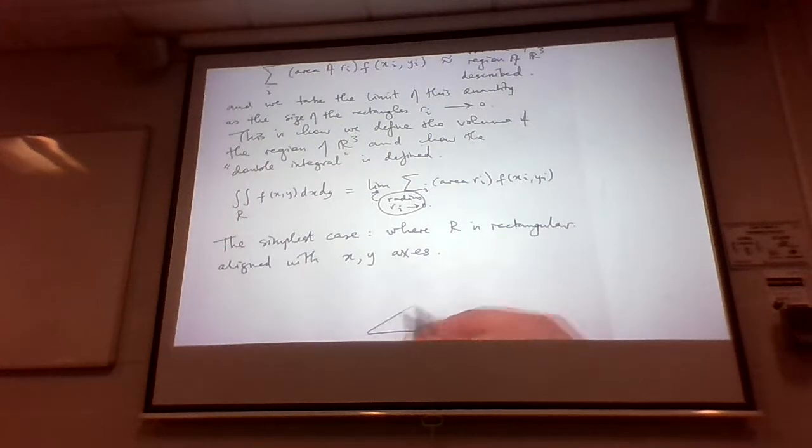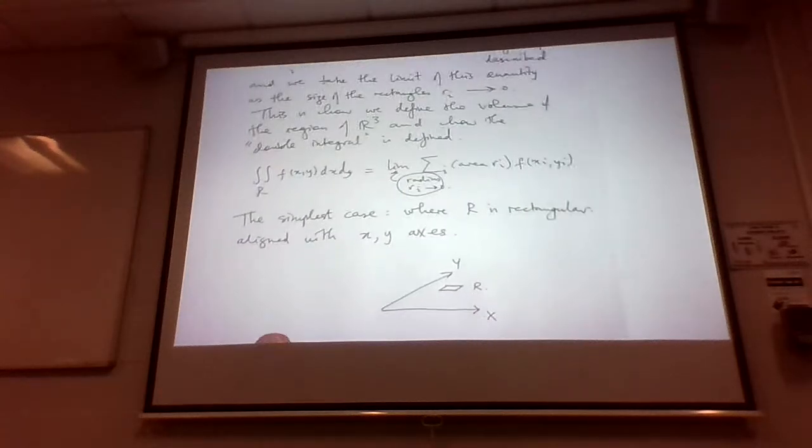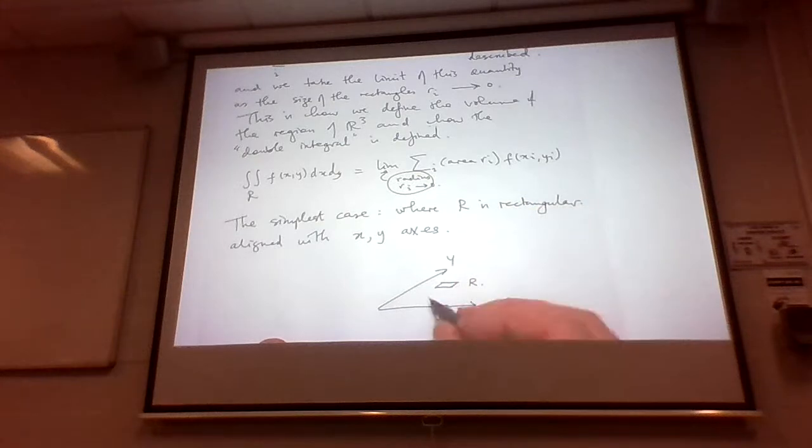So here's our x-axis, our y-axis, and R we're considering is some rectangle. There are limits a and b on the x-axis and limits c and d on the y-axis that completely describe that rectangle.